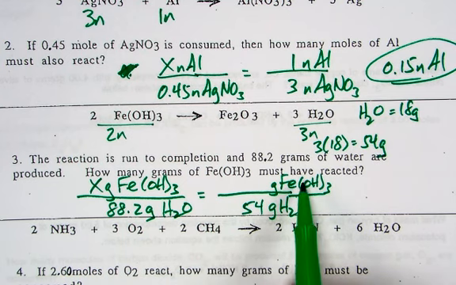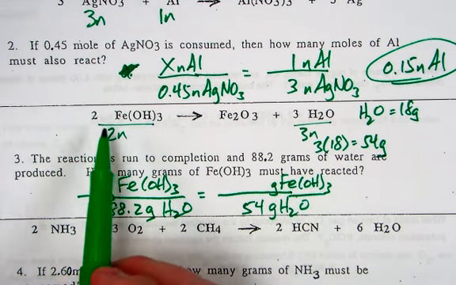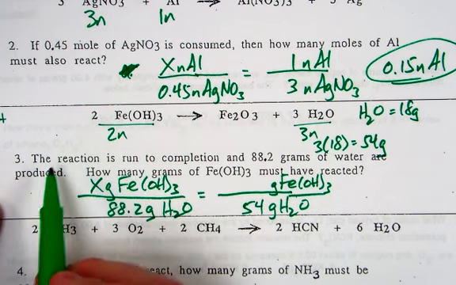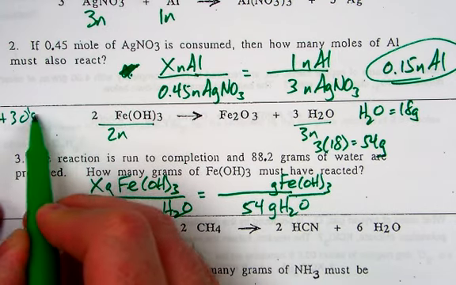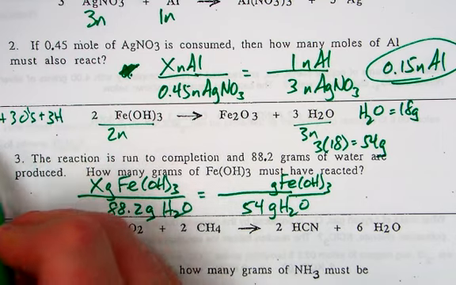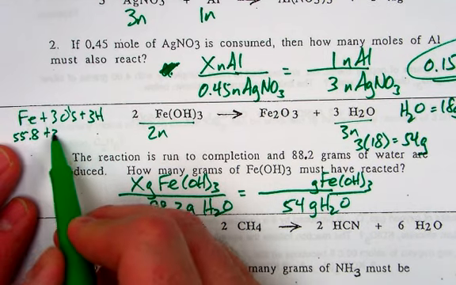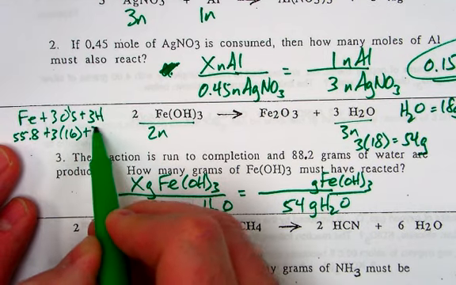And for FeOH3, again, we have to do our molar mass. In this compound, you have 1 Fe, 3 O's, and 3 H's. Fe, or iron, is 55.8. We have 3 times 16 and 3 times 1.